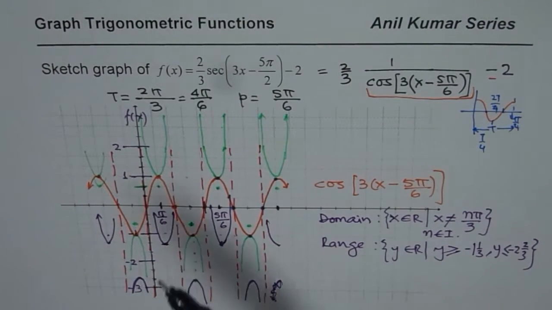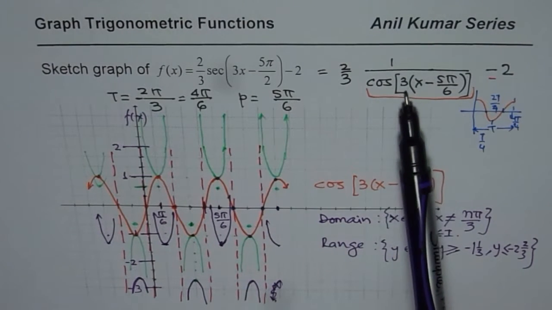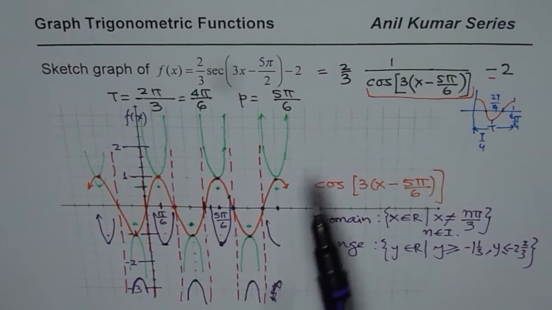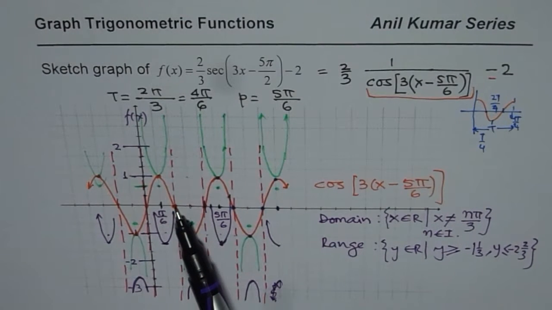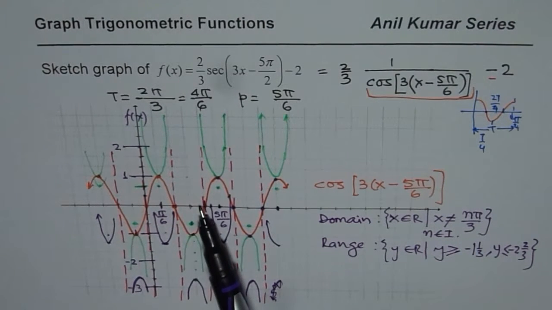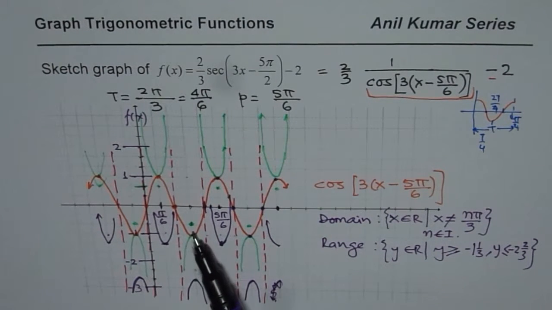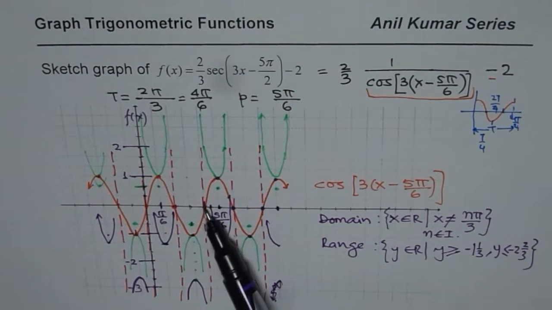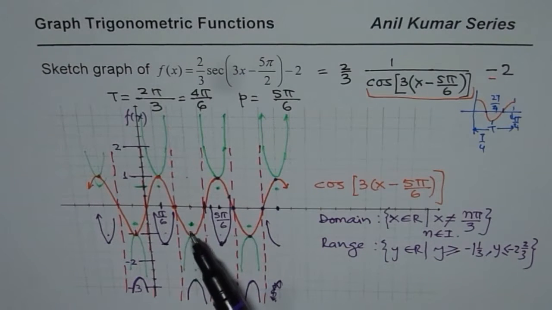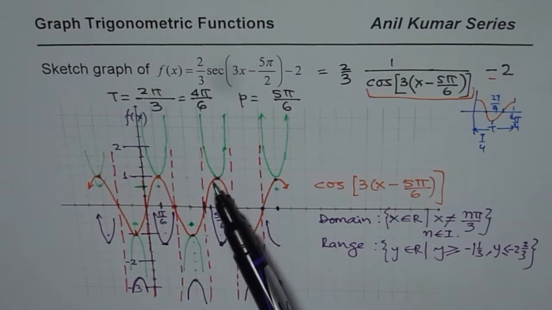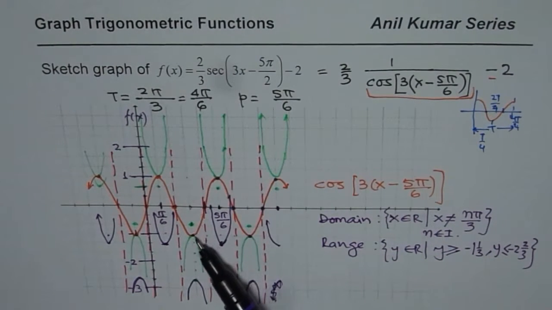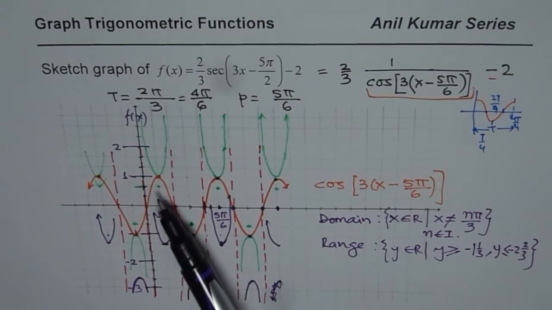So when you are sketching the reciprocal of a trigonometric function, sketch the cosine function first. All the x-intercepts of the cosine function will give you vertical asymptotes. And ones and minus ones will be invariant points. As the cosine function is between 1 and minus 1, secant will be greater than or equal to 1 or less than or equal to minus 1. So you get the graph which I have shown you in green.